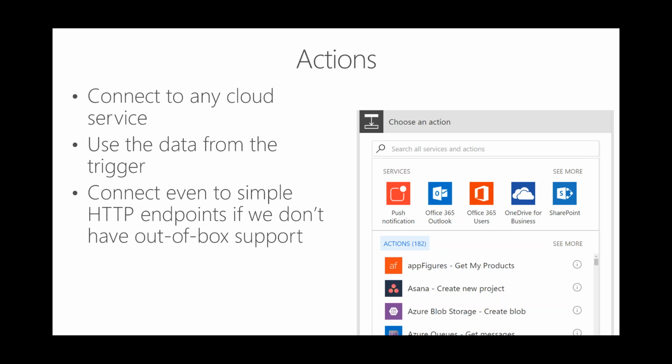So say you have a proprietary system that you use within your organization, you could add that into this action list with a little bit of developer experience to help with those HTTP endpoints if we don't already have support for it. And remember, Microsoft has hundreds of different services and connections that we have available for you now. So you can start to do that.